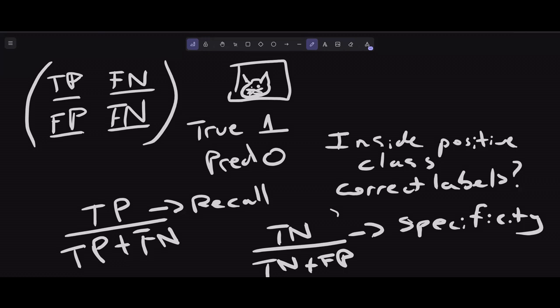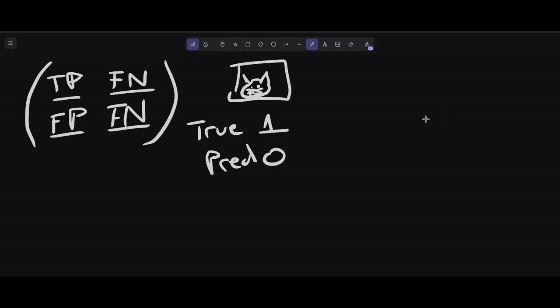Now we're going to see one that's going to answer perhaps one of the most important questions. One of the interesting things about classification models in general is that unless you're overfitting, it's pretty much impossible that you have a model that's going to always label the positives as positives and the negatives as negatives.